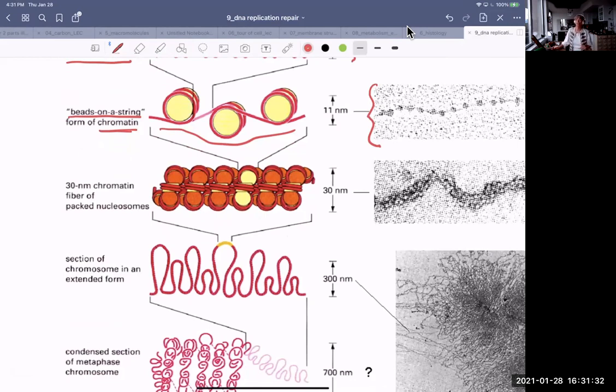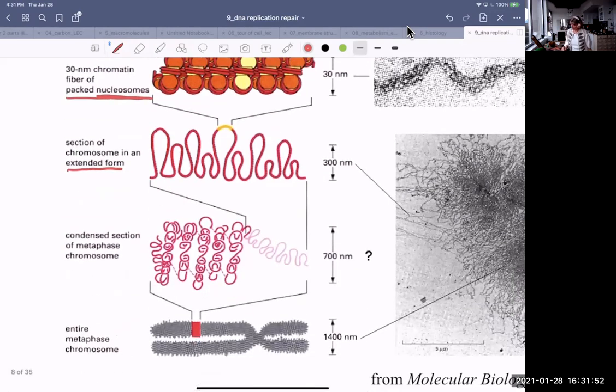They have to be packaged into chromosomes before mitosis. And so these are packed nucleosomes. That's just the chromatin wrapped around the histones. These are chromosomes that have been extended out.